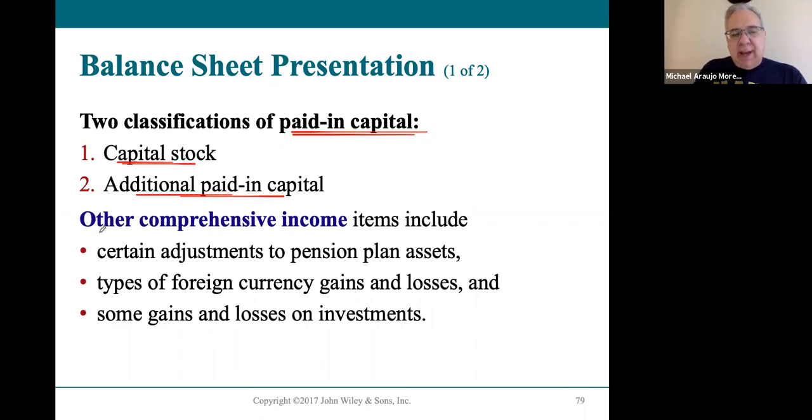Another thing that we look at for balance sheets that have an effect, and this is sort of a note outside of this, we've talked about comprehensive income when we've looked at the multi-step income statement, for example.